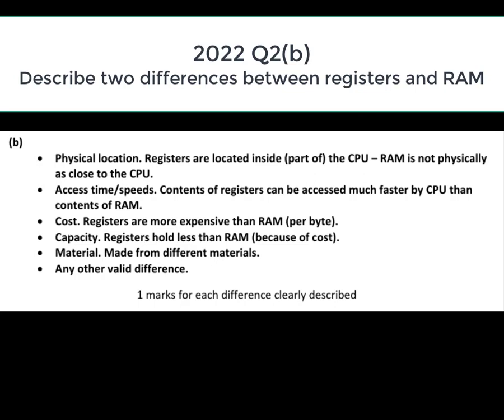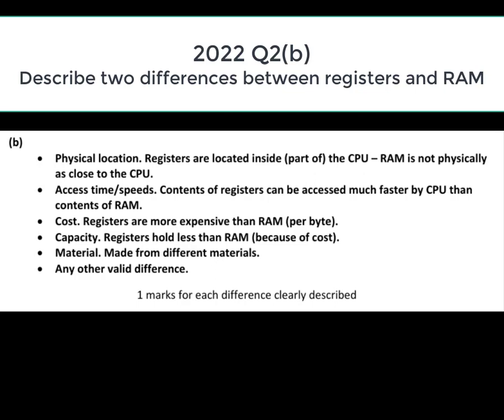Cost. Registers are more expensive than RAM. I like the way it says per byte. Yeah, because you could argue that the other is true if you don't go per byte. But anyway, it is true per byte. Capacity. We talked about how RAM holds way more, in the gigabytes.